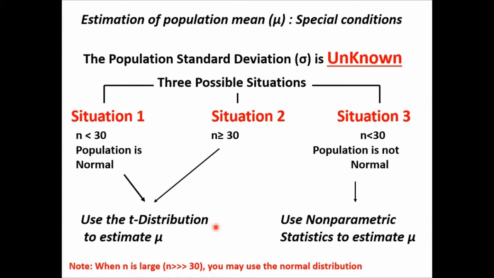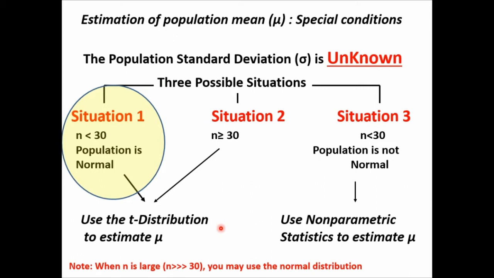So let us go and see how we go about using the T distribution in estimating population mean from a small sample without knowledge of the population standard deviation. Let's take this situation first.